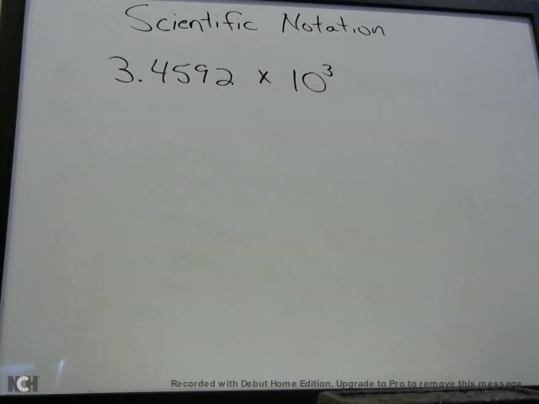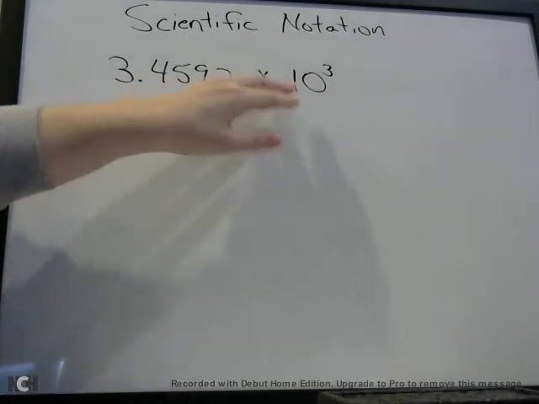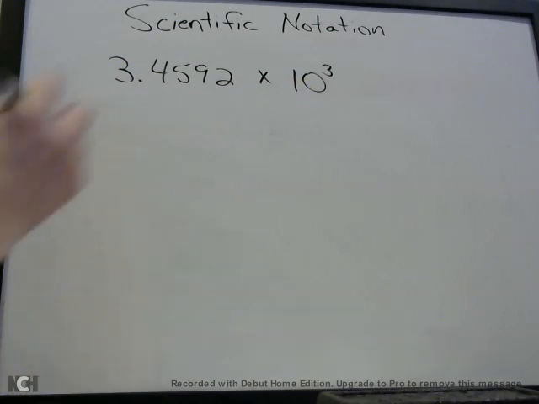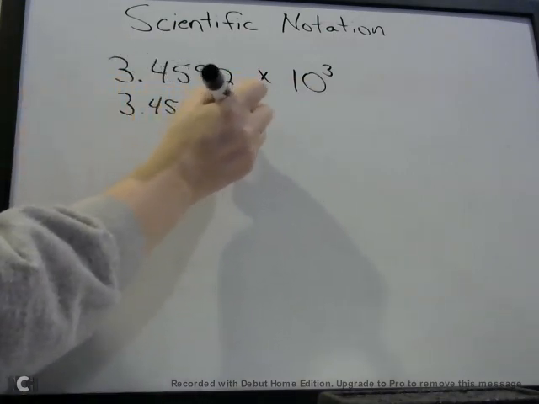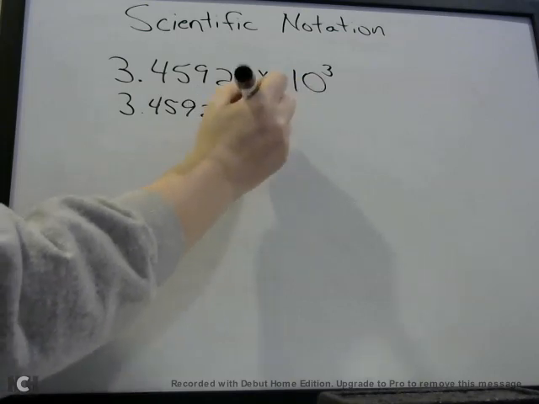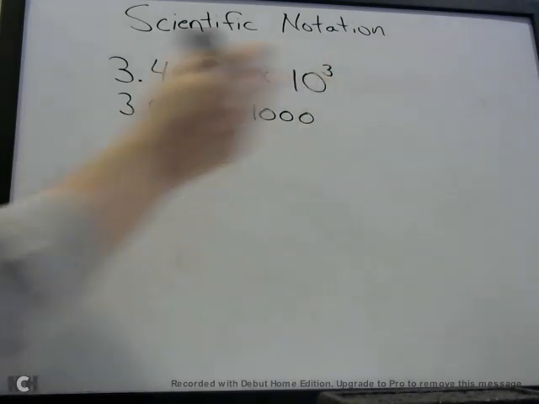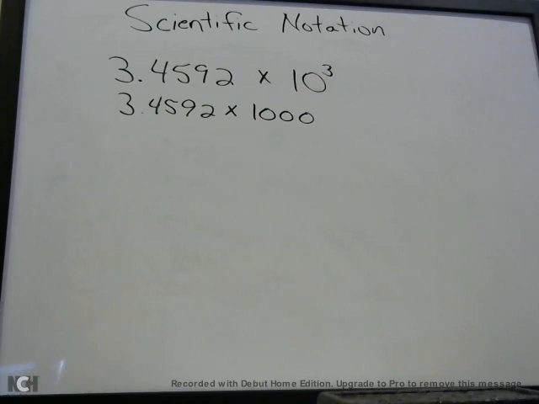So there's really no magic to this. To find out what this number is in the way that we would normally see it, you can just do a multiplication. You can do 3.592 times 10 to the third. And if you know what 10 to the third is, it's 1,000.